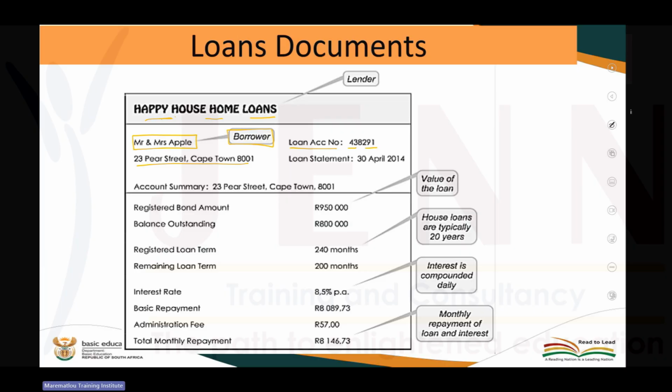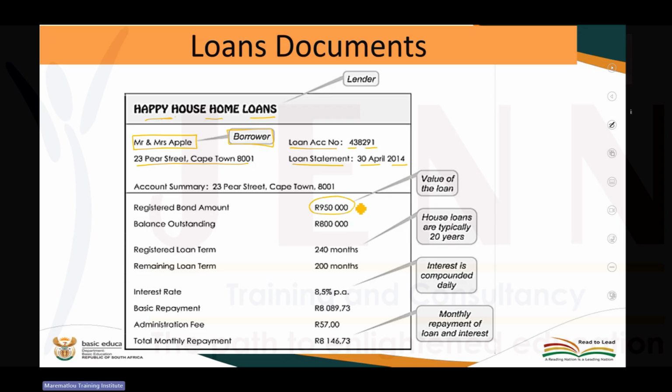And the statement that we see is a loan statement of 30 April 2014. And this is the account summary. It's all about the address. Now let's get to the figures. This is the registered bond amount. What does it mean?